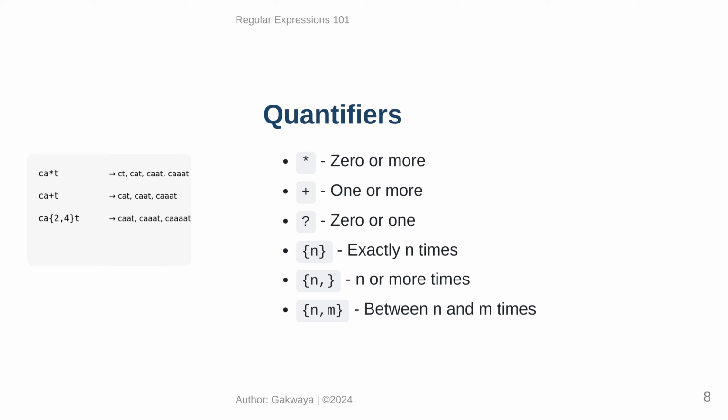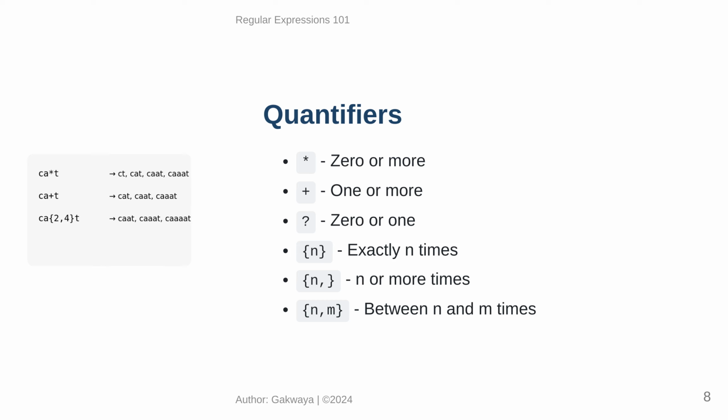The question mark makes something optional. The curly brace notation gives us precise control over the number of repetitions. When we combine quantifiers with character classes, we can create very flexible patterns. For example, \d{3}-\d{4} would match phone numbers like 555-1234.